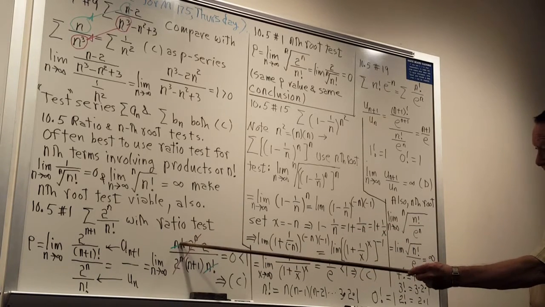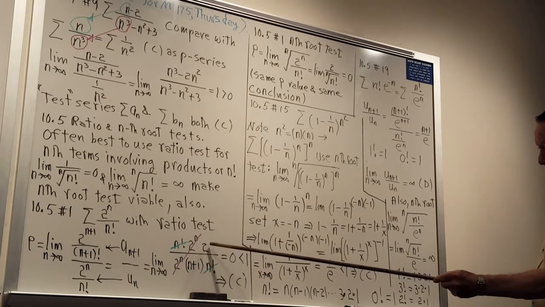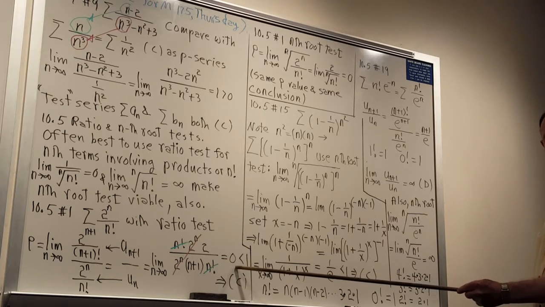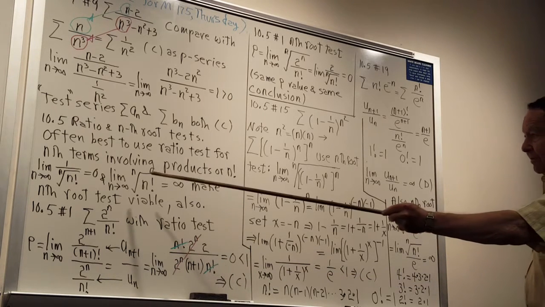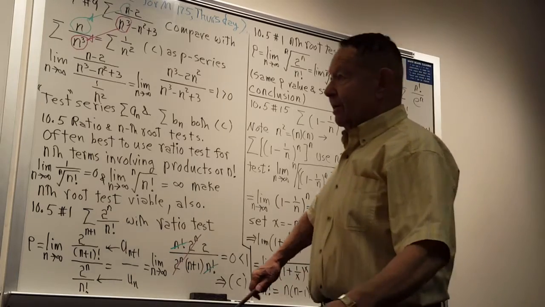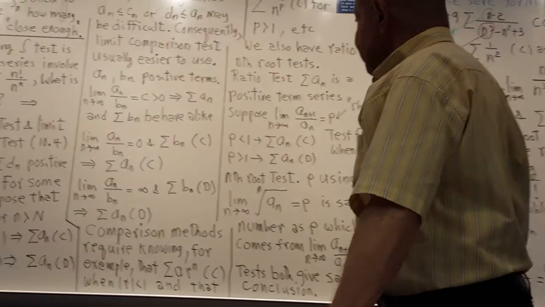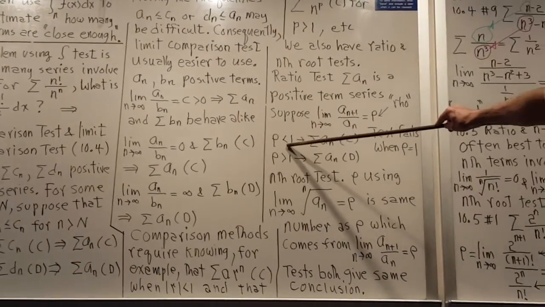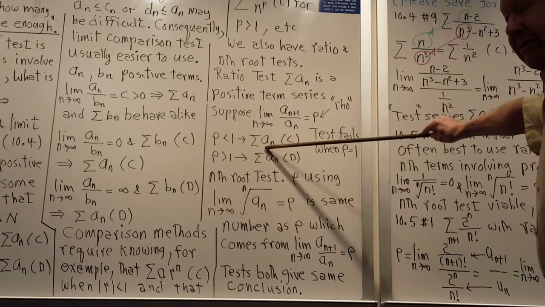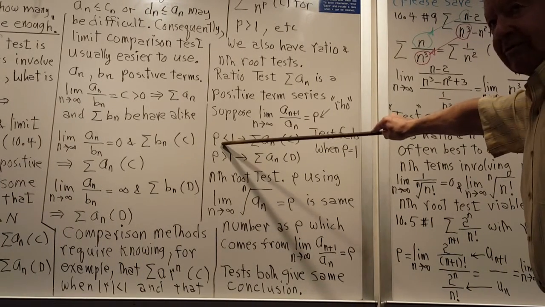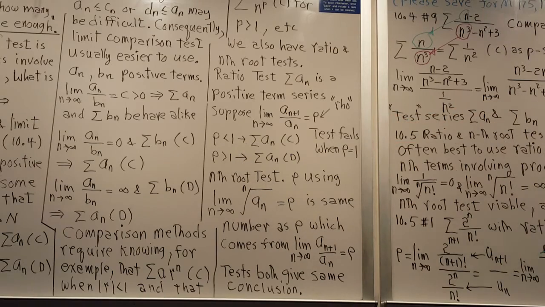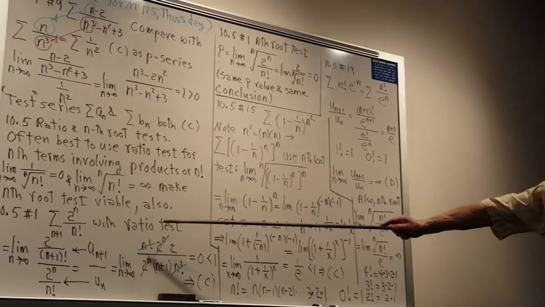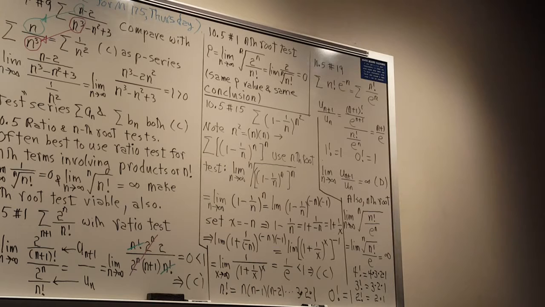So then cancel like things, and it leaves you 2 over n plus 1, and that limit is certainly 0. And if your limit is less than 1, where did the ratio test go? Rho less than 1 means the series converges. And that includes rho equals 0, which is certainly less than 1. So you can prove this thing converges with the ratio test.